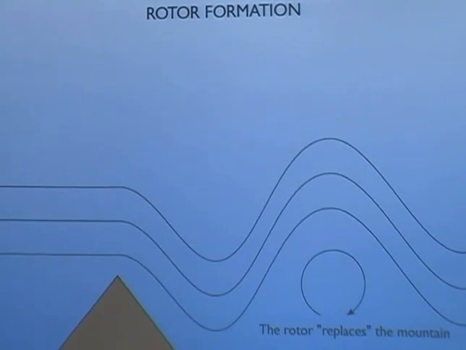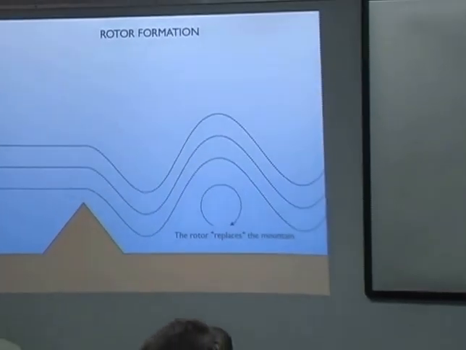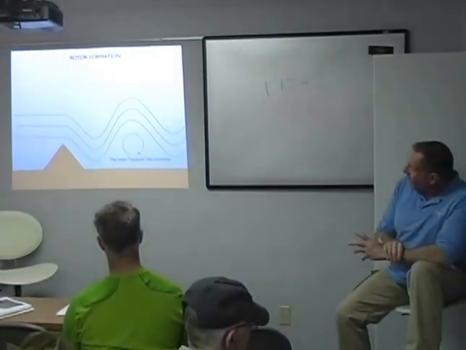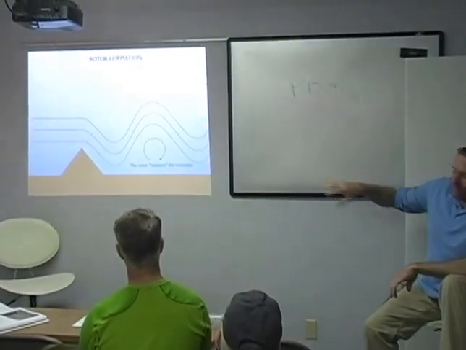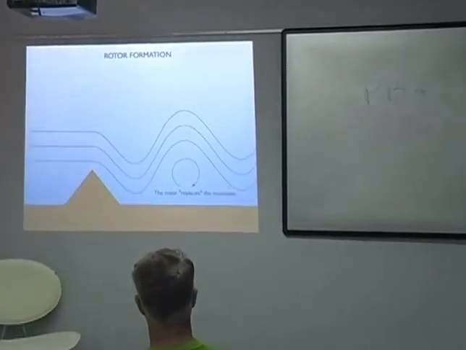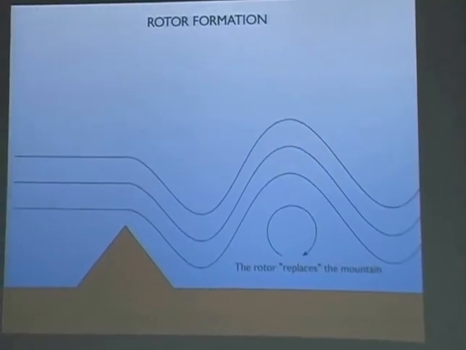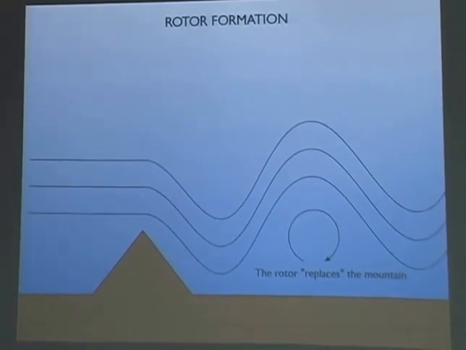Now, this is your typical wave textbook picture of a wave, where you have the wave, you have a rotor, and the rotor, if you think of it from a fluid dynamics point of view, is replacing the mountain. There has to be something there to hold that spot. And so the rotor is just a placeholder for the mountain that's not there.